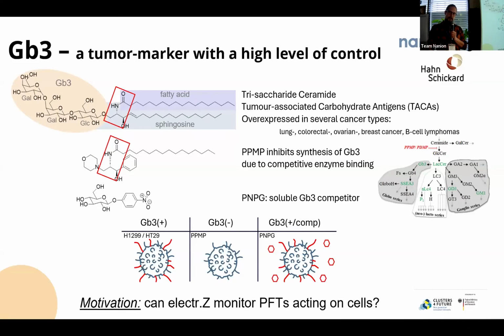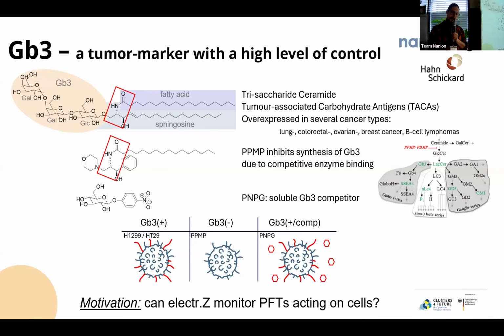When you apply it to your cell culture, you can inhibit the synthesis of Gb3, so you can generate tumor cells which do not have this receptor on their surface. In addition, there is another molecule called PNPG, which can act as a soluble Gb3 competitor. So this system gives you entire control in your experiments, with positive, negative, and competitive cells.